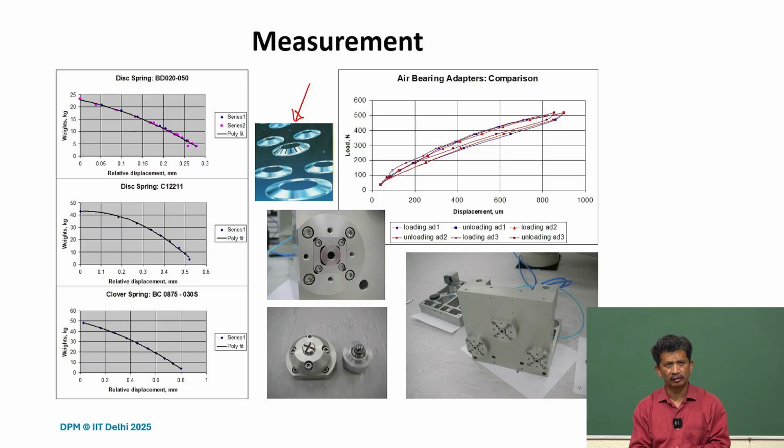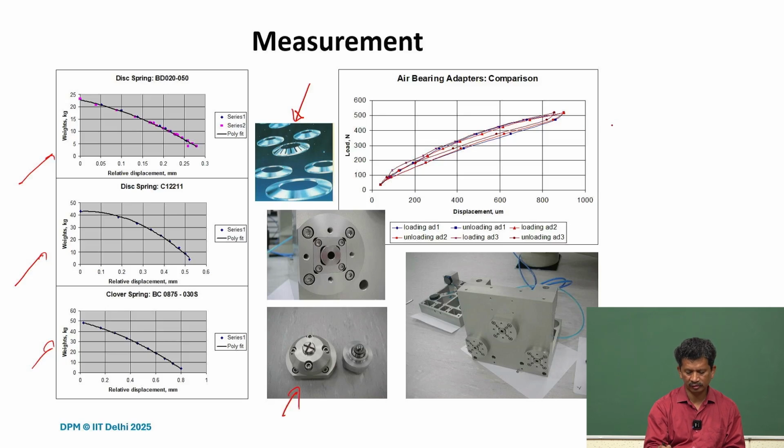It is a non-linear spring, but very good, and it can be stacked. We tested it and also tried to characterize different kinds of springs. We put them together in this adapter and characterized it, applying the load and measuring the displacement.